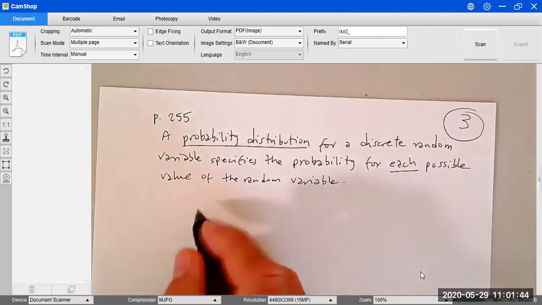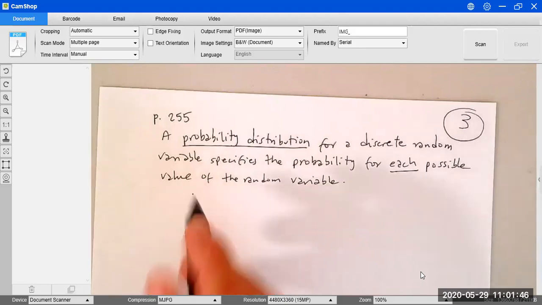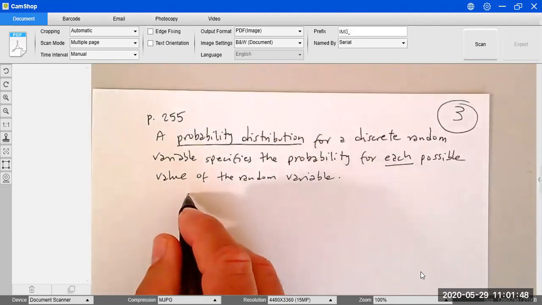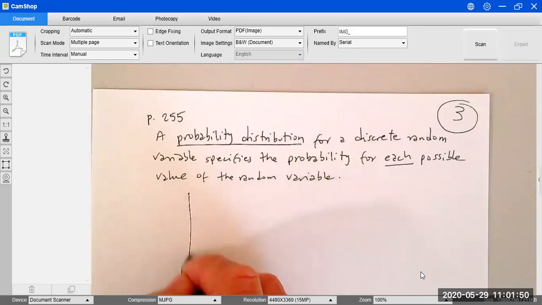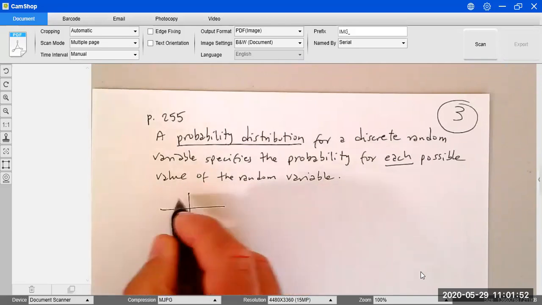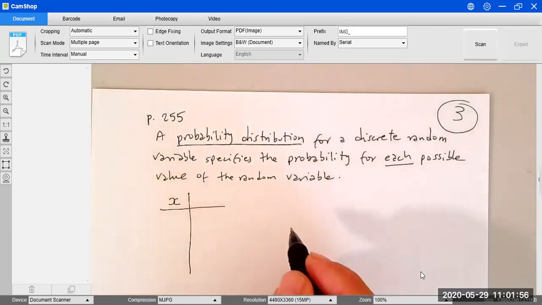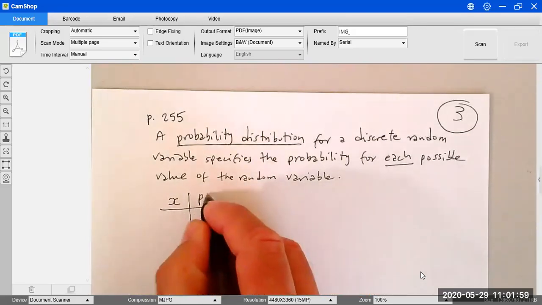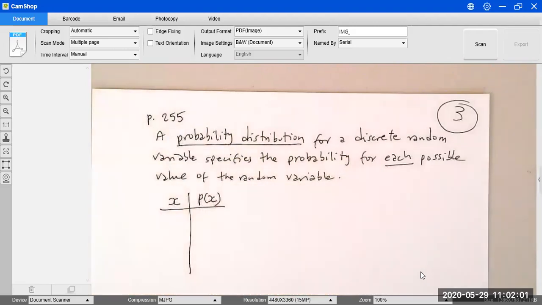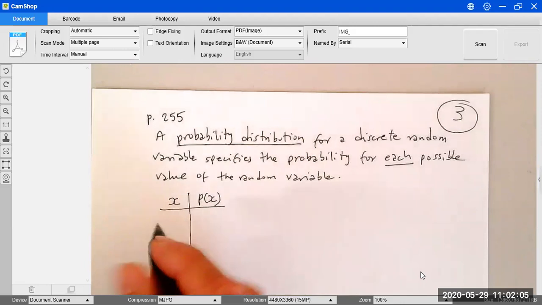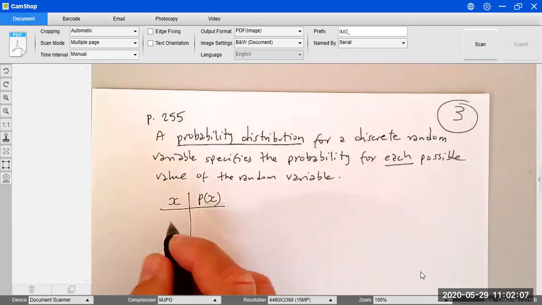The way that we're going to see this probability distribution is in the form of a table. We're going to have the variable on the first column, and the probability of every value on the second column. So here you're going to have a list of values.